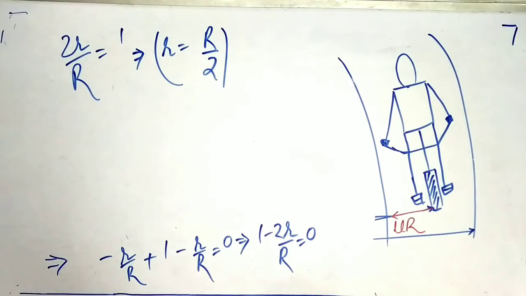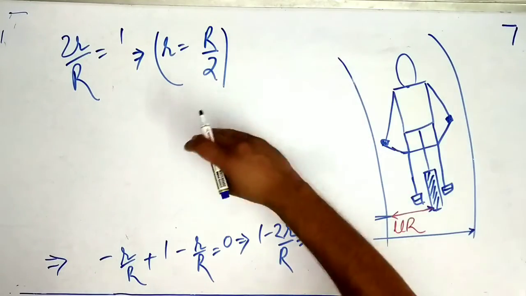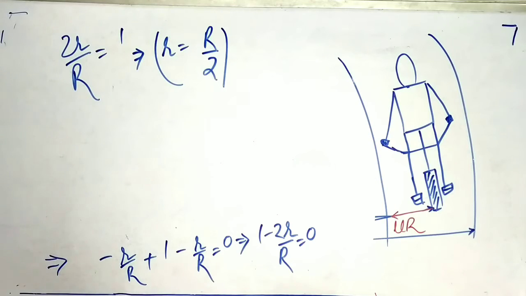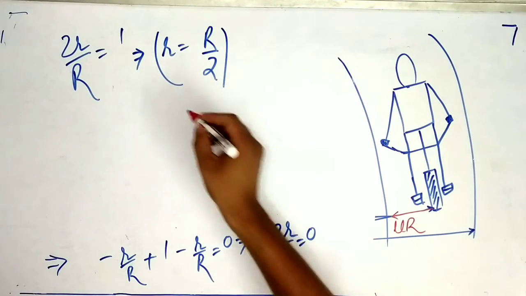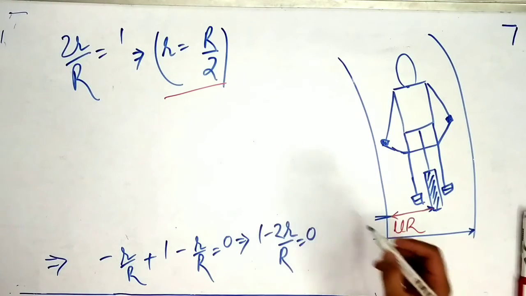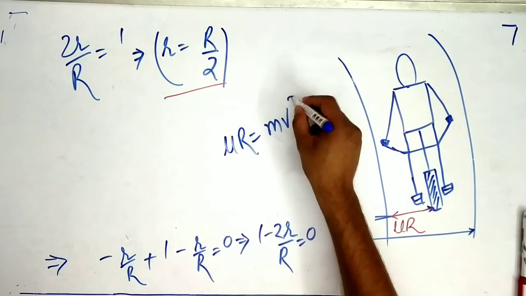So the distance at which the cyclist should ride with the maximum velocity is half of the radius of the path that the rider is following. That's it. So the concept that we used is that the friction is the responsible force.